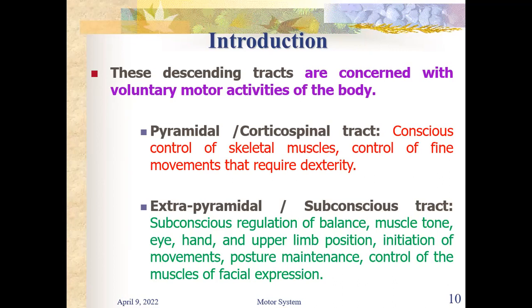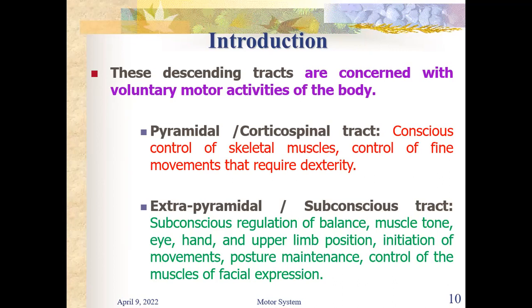The pyramidal corticospinal tract has to do with conscious control of skeletal muscles. They control fine movements that require dexterity, like typing on the keyboard, like playing piano, like writing a note.